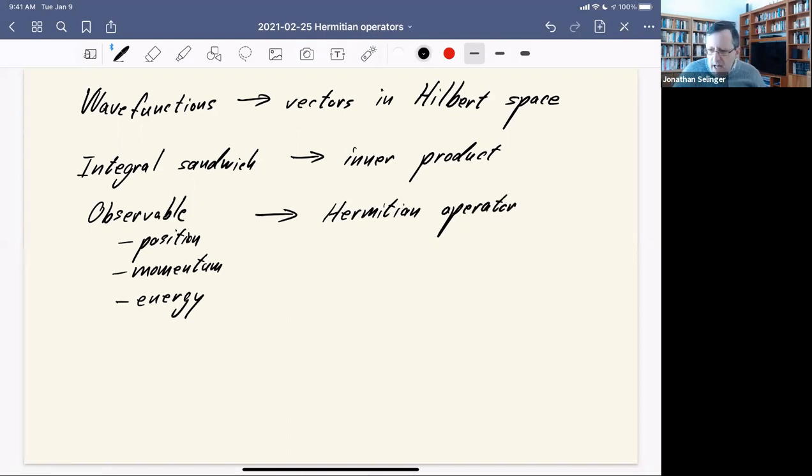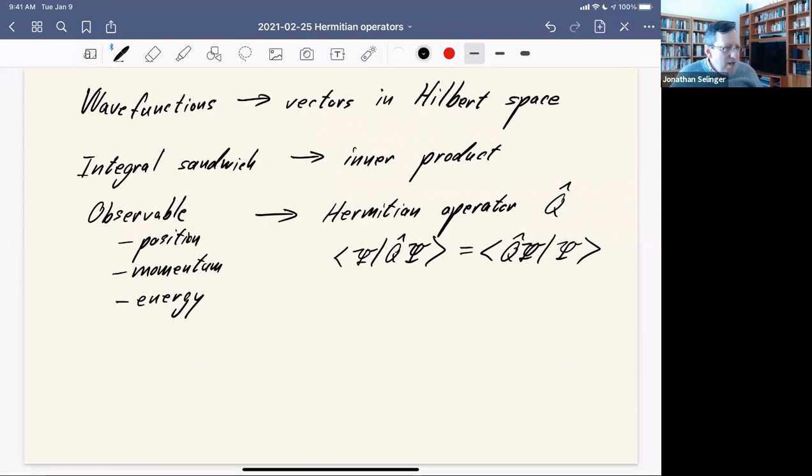We could just call it Q hat in general, and it satisfies the equation that the inner product of psi with Q psi is equal to the inner product of Q psi with psi. Okay, so it's a subset of operators, a special type of operator.